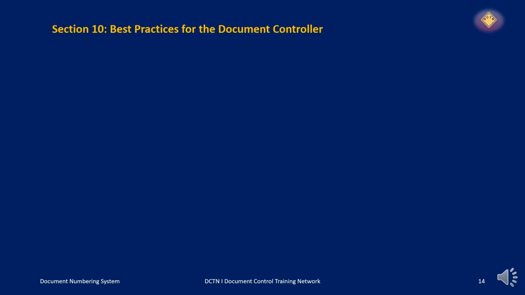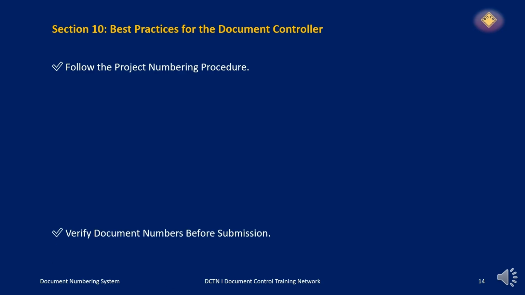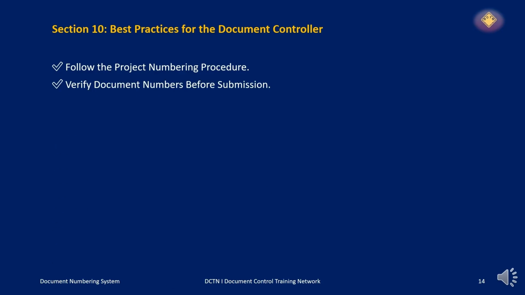Best practices for document controller. When you start your career as a document controller, I have listed some points which should be maintained every time, and you have to follow these rules. Follow the project numbering procedure when you assign any document number. Verify document numbers before submission to the client or consultant. Maintain revision continuity.